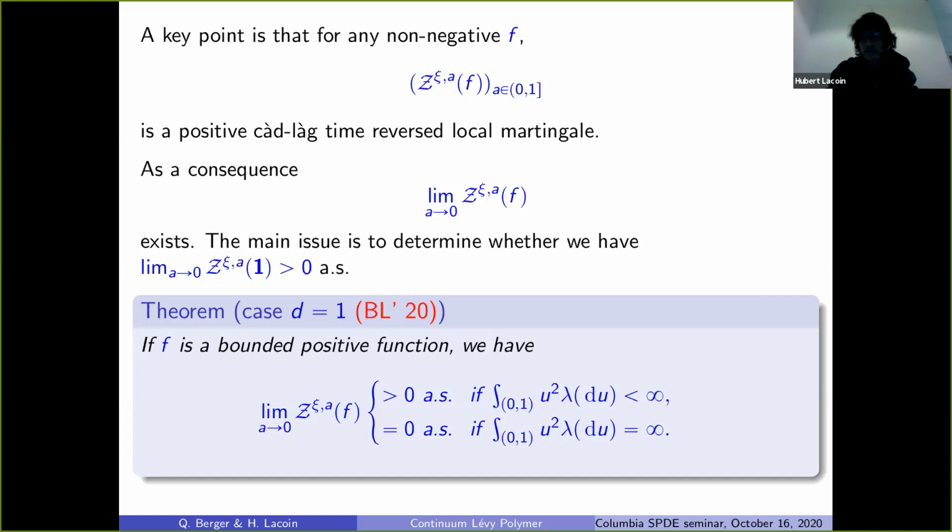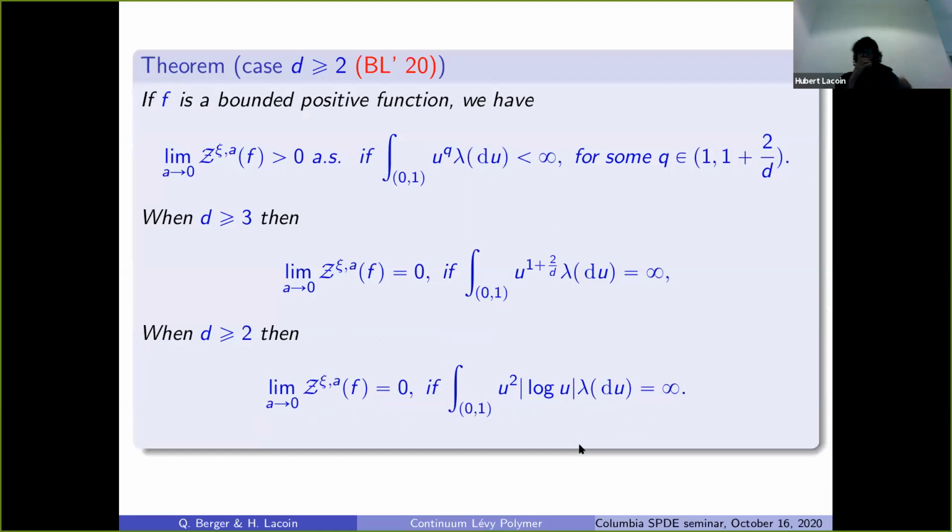This is somehow expected, but it's always good to check this, because by making A tend to 0 here, you don't require lambda to satisfy this a priori. So when dimension gets larger, you start to get more restrictive conditions.